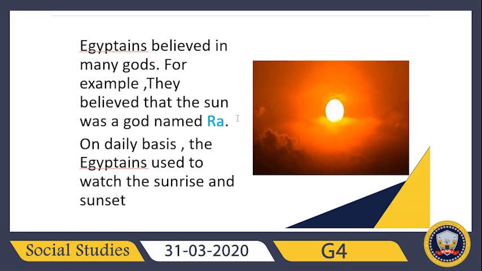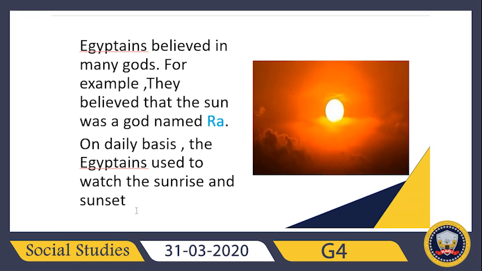You can see the image here. The Egyptians believed in the sun in ancient times. So they believed their god is the sun, and they named it Ra. On a daily basis, the Egyptians used to watch the sunrise and sunset.